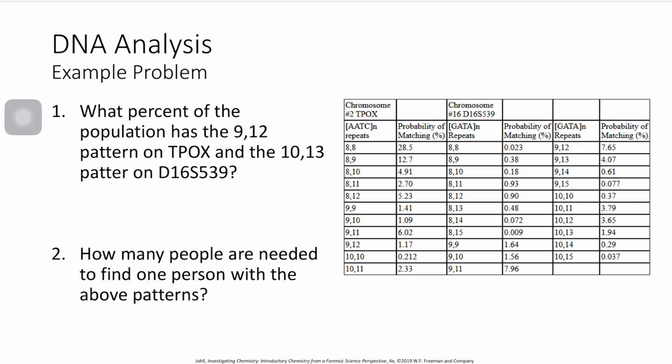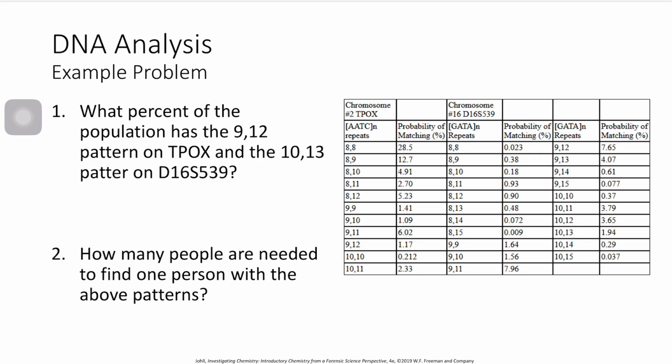Let's look at an example of how we can use the information. What percent of the population has the 9-12 pattern on the TPOX and the 10-13 pattern on the D16S539? In order to solve for the probability of having multiple patterns of these repeats, you have to take the first percentage and multiply it by the second percentage.